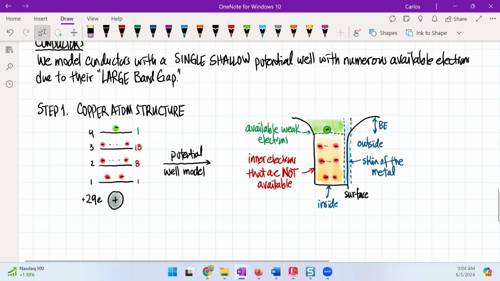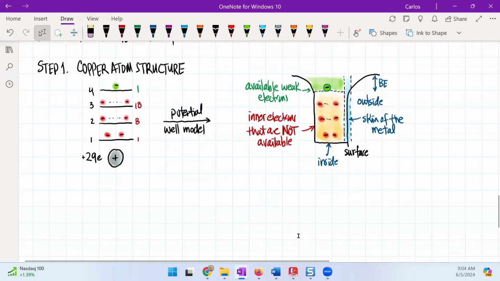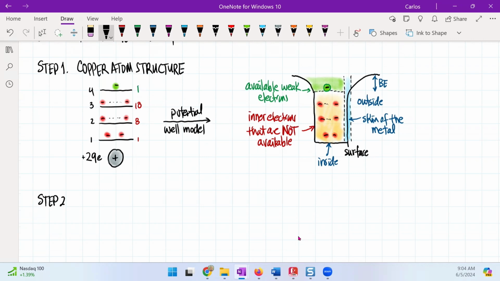Now, the next piece here is that that's the copper atom structure. Now, let's talk about the band gap. So now, copper has a large band gap.